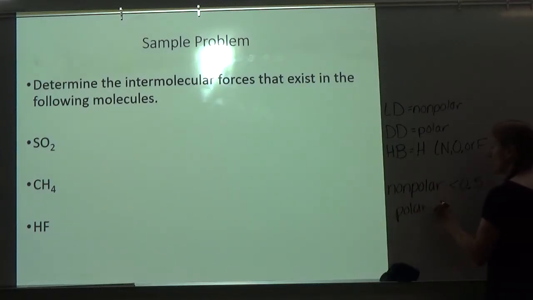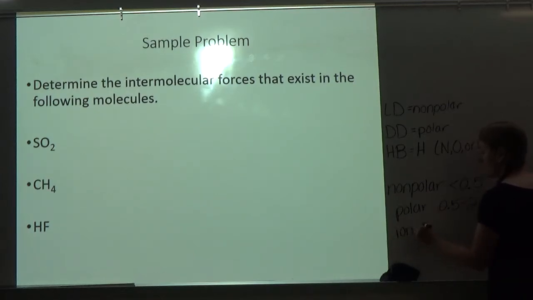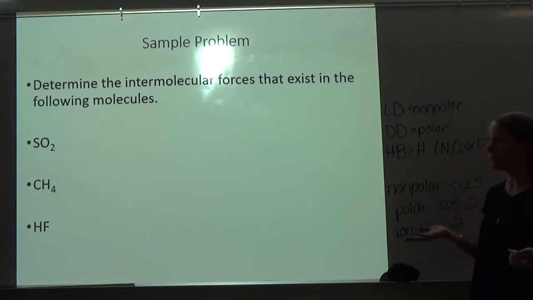If something is polar, it's 0.5 to 2, and if something is ionic, it is greater than 2. So that's how I can tell whether something is nonpolar or polar. However, keep in mind when it's a molecule, sometimes it might subtract as polar, but the geometry of the molecule might turn it into nonpolar.